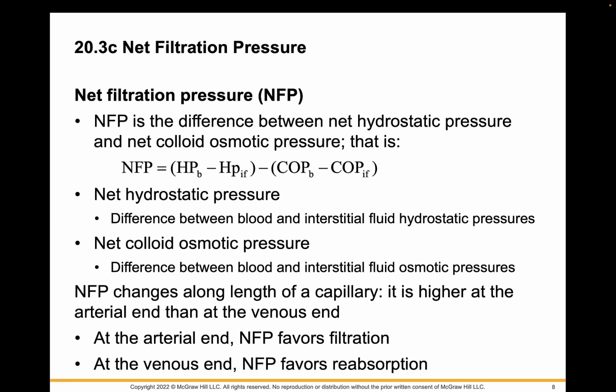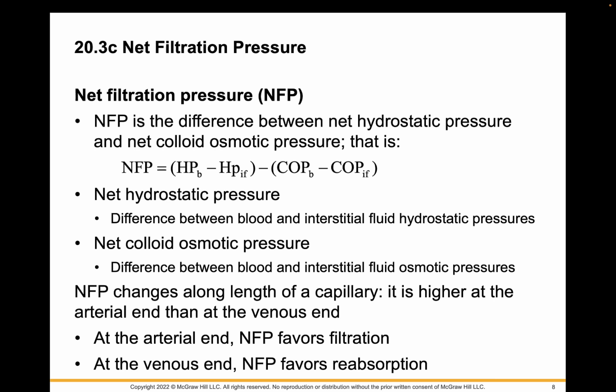So keep in mind that this net filtration pressure will change along the length of the capillary, and here's where the tug of war comes in. And what we're going to notice is that at the arterial end, when capillary hydrostatic pressure is greater than capillary oncotic pressure, this is going to be filtration, and filtration generally happens primarily at the arterial end of the capillary.